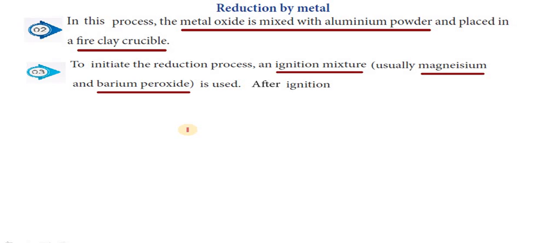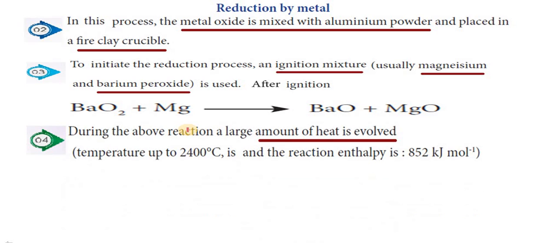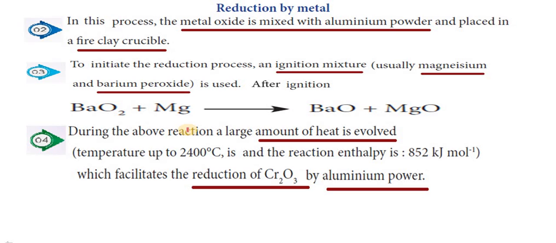After ignition, barium peroxide reacts with magnesium, giving barium oxide plus magnesium oxide, which is an exothermic reaction which liberates an enormous amount of heat. Almost 2400 degrees C heat is generated and the reaction enthalpy is 852 kilojoule per mole, which facilitates the reduction of chromic oxide by aluminium powder.